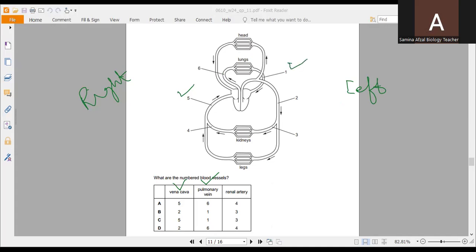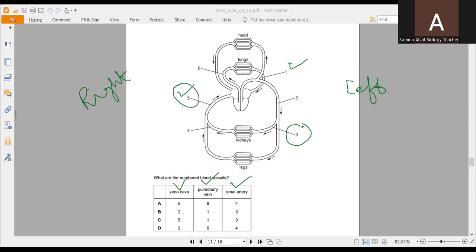And the third is the renal artery. Renal is for kidneys. So the artery which supplies oxygenated blood to the kidneys, you can see, is 3, which is going towards the kidney.